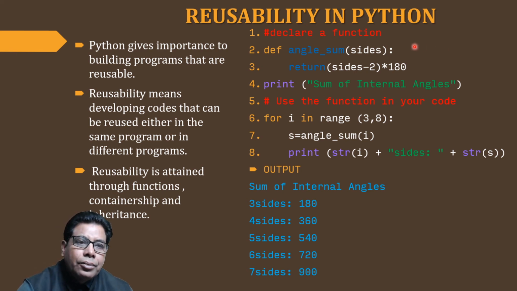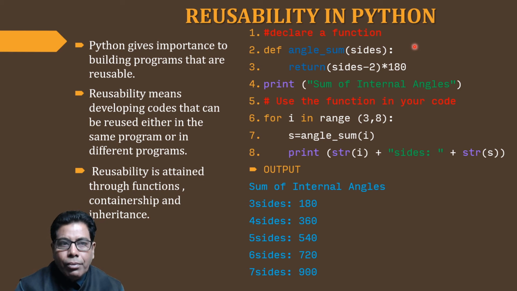Here we are writing a function angle_sum that calculates the sum of internal angles of a polygon given the number of sides. We will accept one argument, the number of sides of the polygon, and then it will return the sum of internal angles.